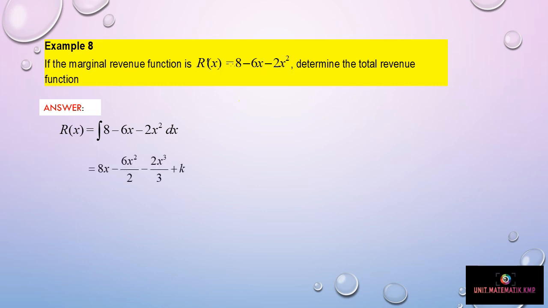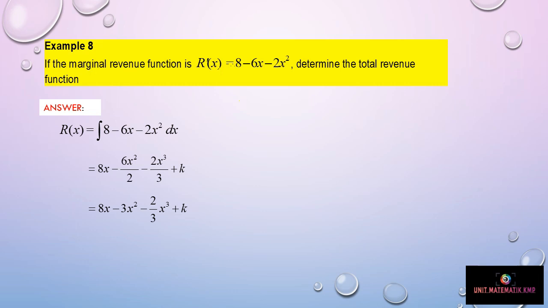So, after we integrate, we will get 8x minus 6x squared over 2 minus 2x cubed over 3 plus k. And then, after we simplify, we will get 8x minus 3x squared minus 2 over 3 x cubed plus k.